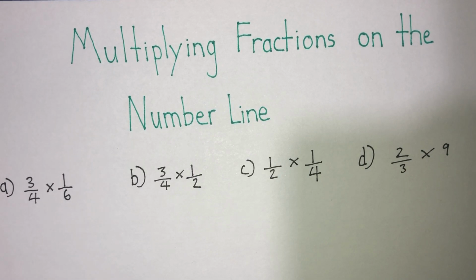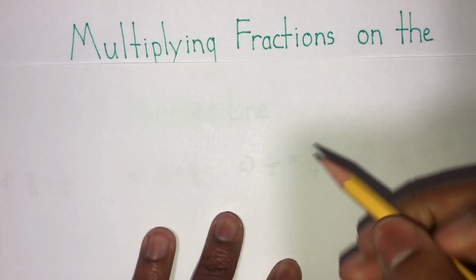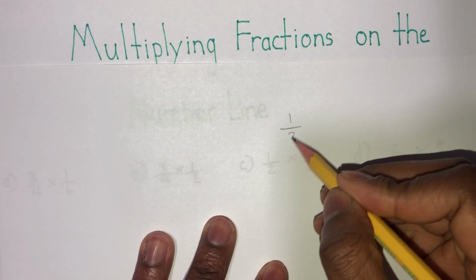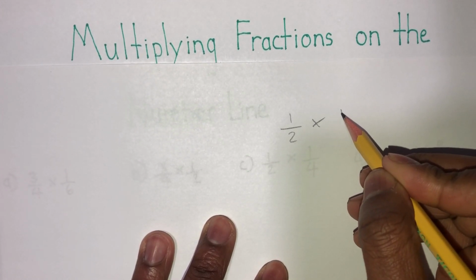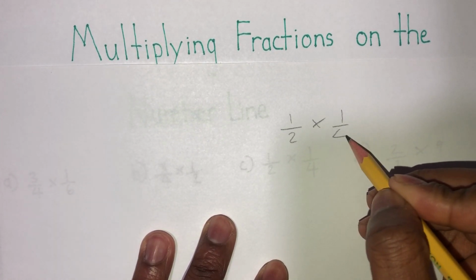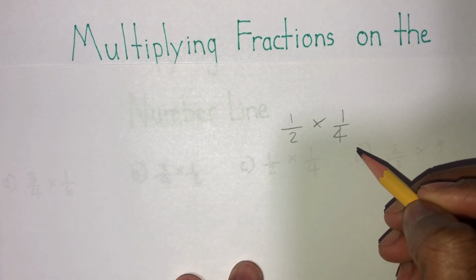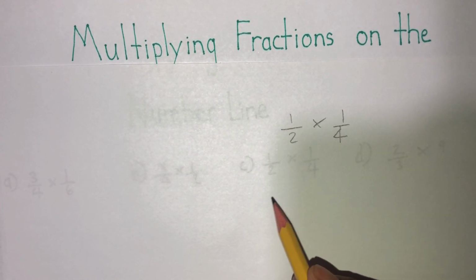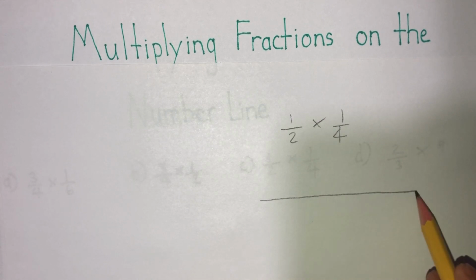Now, let's look at our third problem. A half times a quarter. Now, we have a half times a quarter. First things first, we're going to sketch our number line.